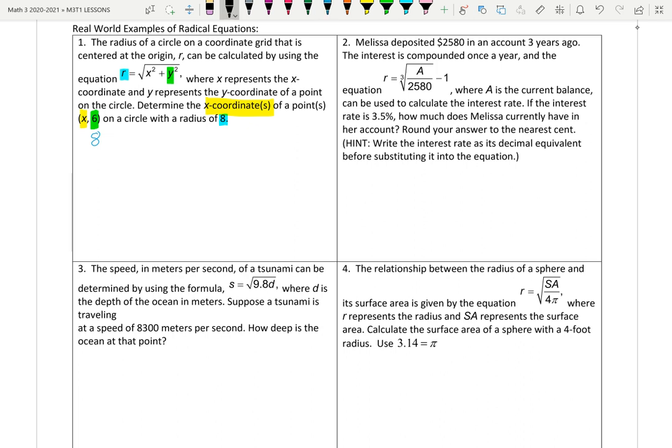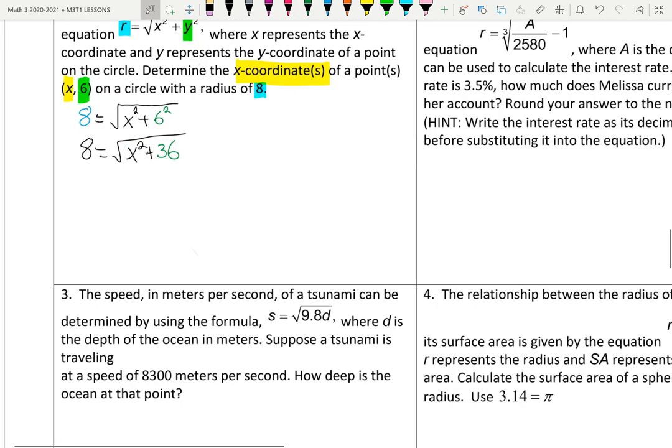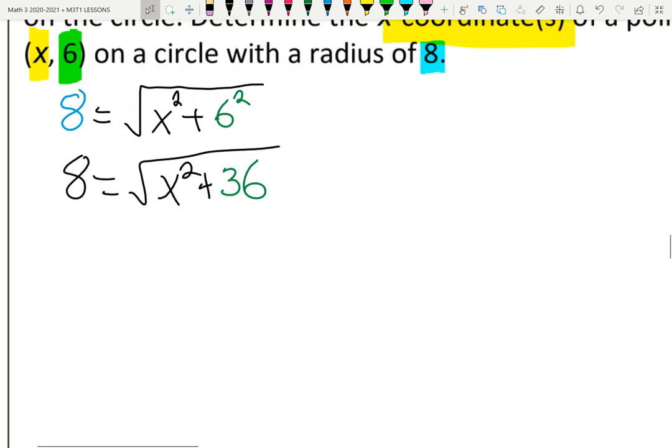8 is going to equal the square root of x squared plus 6 squared. I'm going to clean that up. 8 is going to be equal to the square root of x squared plus 6 times 6 is 36. Now I'm at a point where I can just solve this.